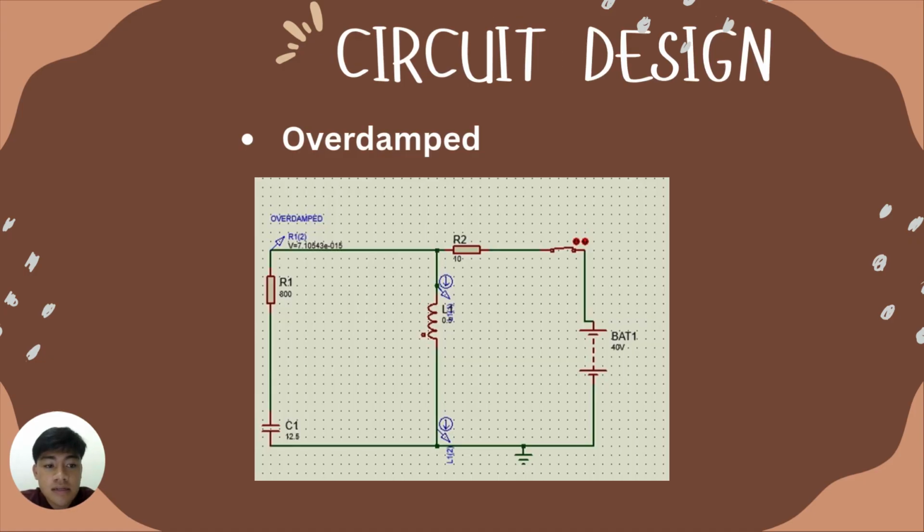This is the circuit design of our group. For overdamped, we use the Proteus software, and the resistor and capacitor for overdamped is 800 ohm and 2.5 microfarad.